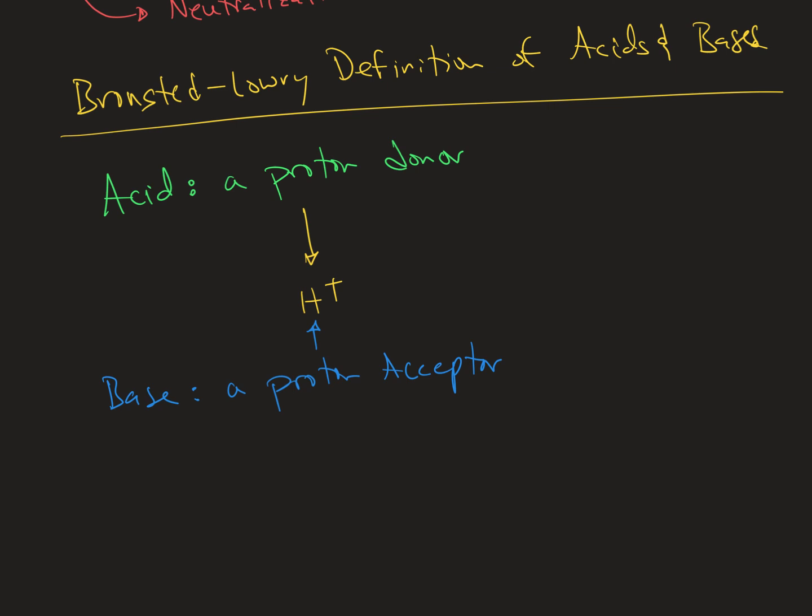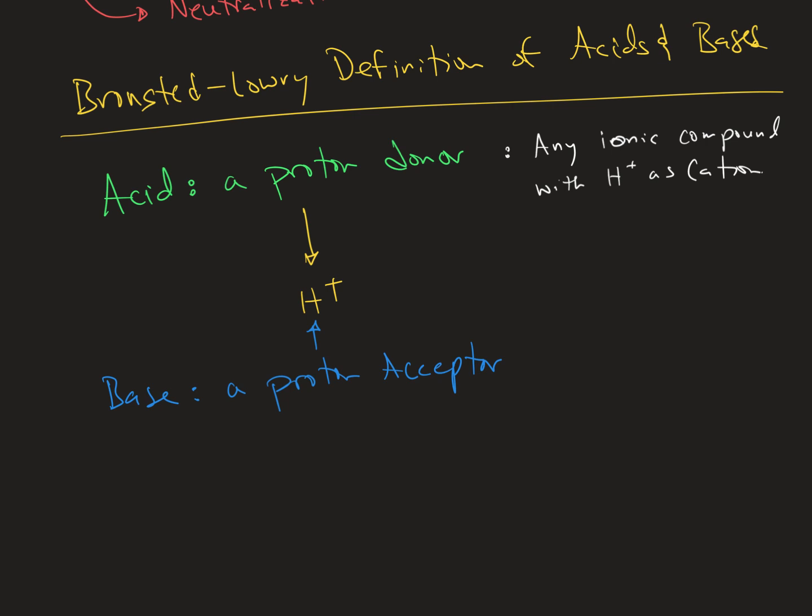So basically, an acid is any compound, any substance that has an H plus in it as a cation. Any ionic compound with H plus as the cation.